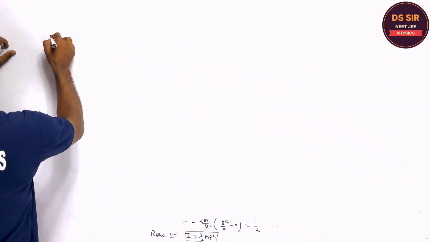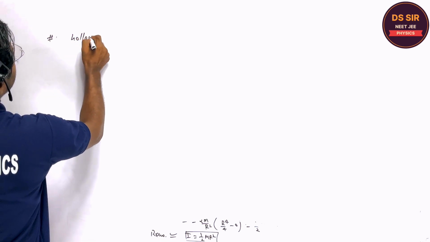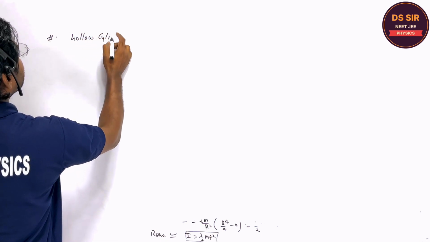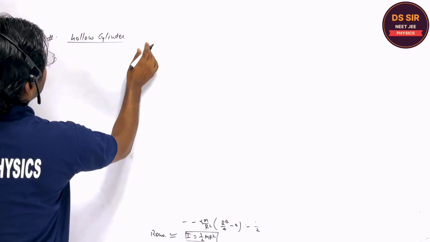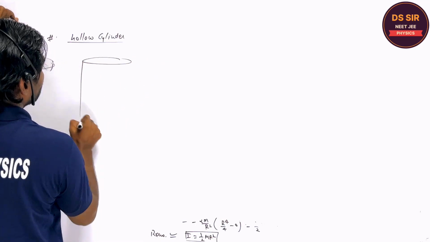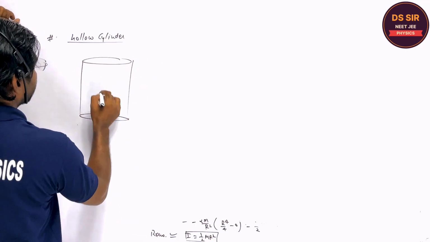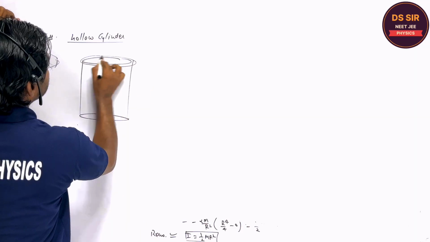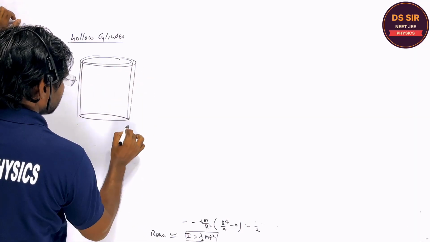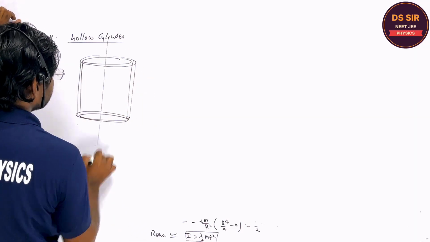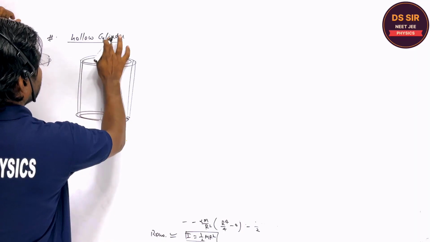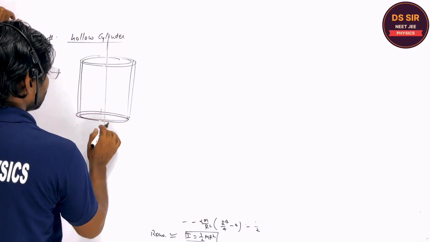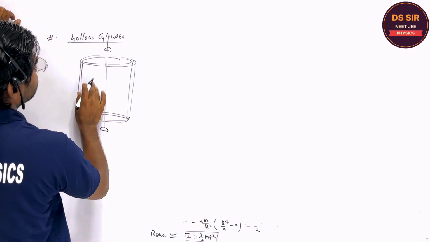Listen one thing. If you consider the hollow cylinder, this is the hollow cylinder. The radius of the hollow cylinder is r, right? So this is the axis of rotation. The axis of rotation is passing through the axis of symmetry.